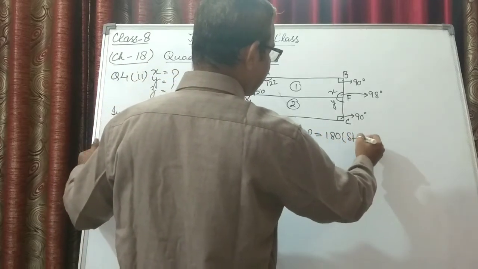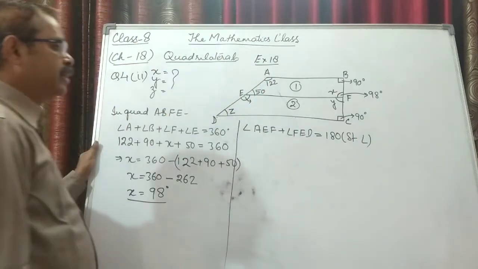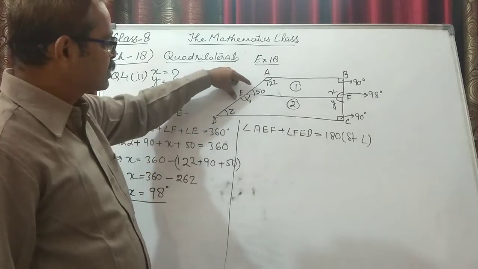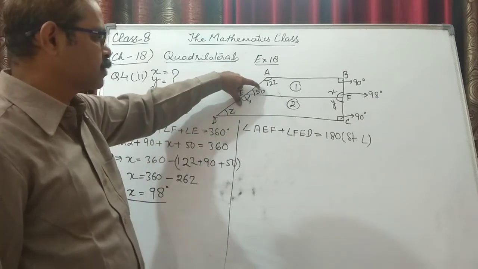Why? Straight angle or linear pair. We can say straight angle or linear pair because this 50 and this unknown value are on a straight line. So the total of these two angles is 180 degree.